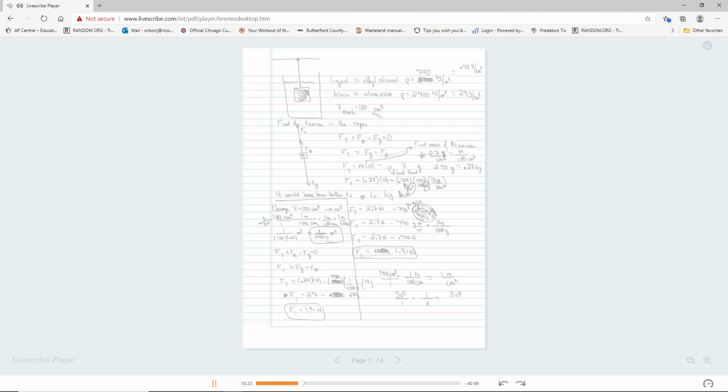If you do above water, you would use 30% of the volume, would be the length times the width times the height. And this is actually the one I'm going to do because the question asked me how much of it is out of the water. What's the height out of the water? So I'm going to do the above water piece.